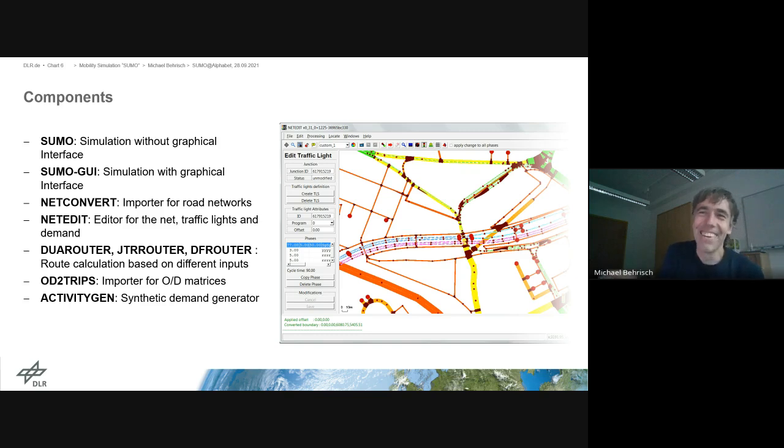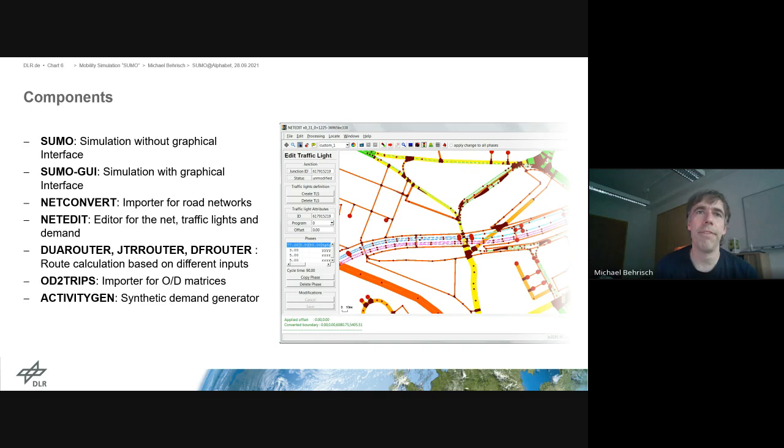Okay, so we just want to finish this list shortly. OD2 trips is just an importer for those OD matrices, but one major tool which also has some derivations already is the activity GAN, which generates synthetic demand.